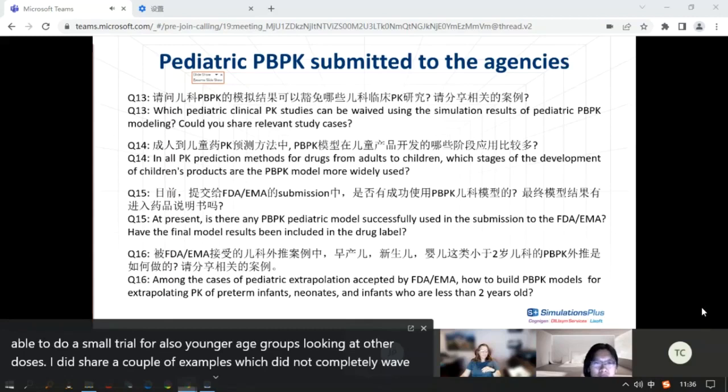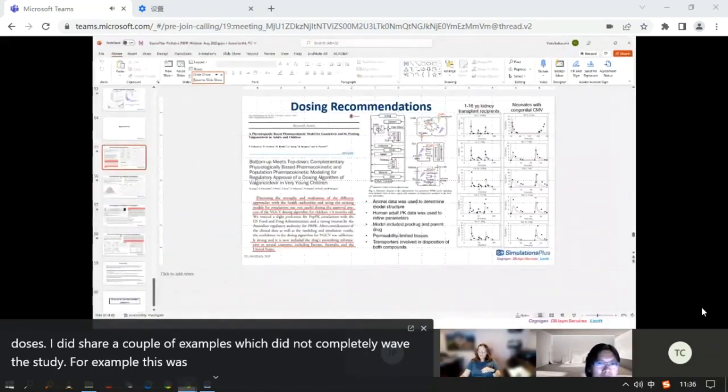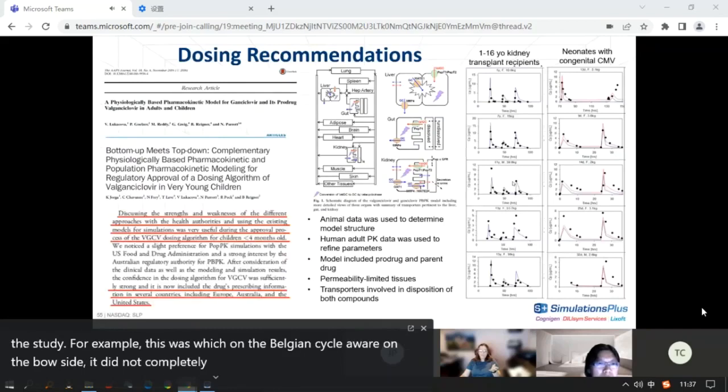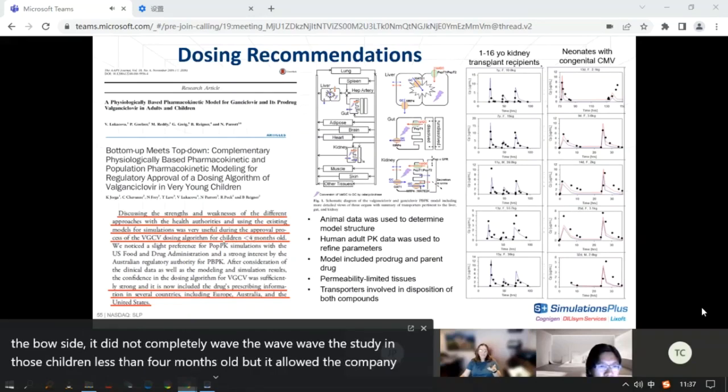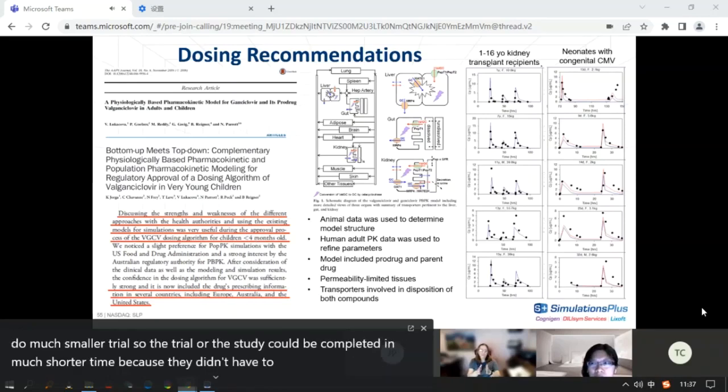For example, this was one on valganciclovir, which did not completely waive the study in those children less than 4 months old, but it allowed the company to do a much smaller trial. So the study could be completed in much shorter time because they didn't have to enroll too many children.